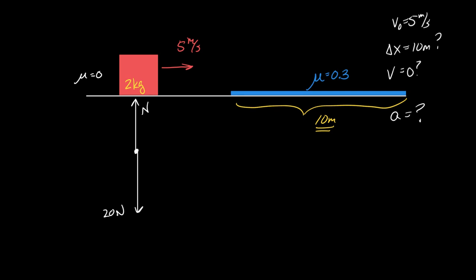So, you can skip steps if you're able to. I'm able to, and some of you are able to. I'm going to leave it as N right now, but start looking at ways to start skipping through some things if you can. When that box hits that patch, though, there's going to be friction. And friction has to act to the left to slow the object down.